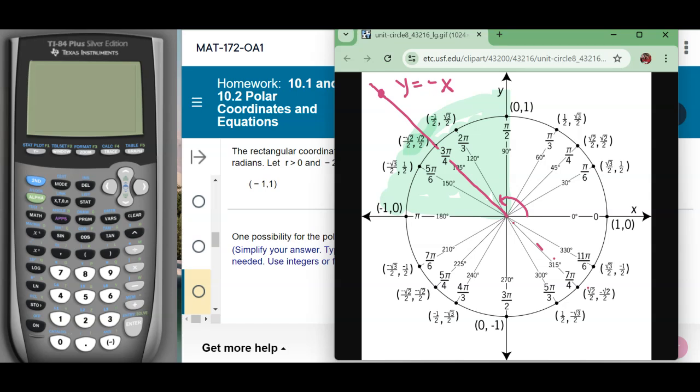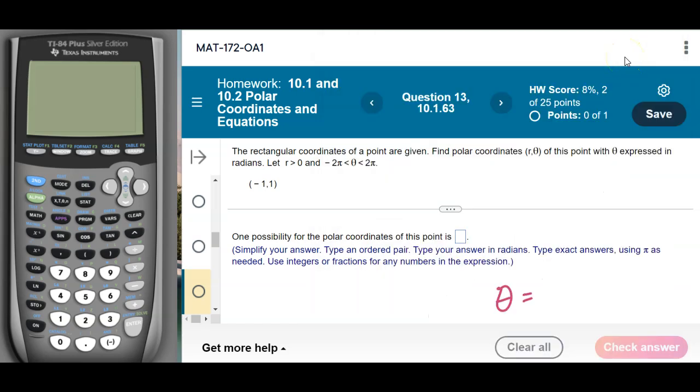So that 3 pi over 4, I can get it from that. It's the angle that makes tangent negative 1 in quadrant 2. It's also the angle on the unit circle where the x coordinate is negative and the y coordinate is positive, like we have here. So those things together let me know that 3 pi over 4 is the angle that I'm looking for. So I know theta can be 3 pi over 4.